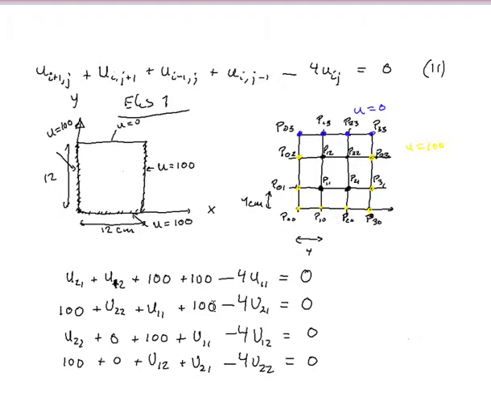So therefore we get 100 here. And minus 4 times U_ij, where i was 2 and j was 1. So then we have this equation.